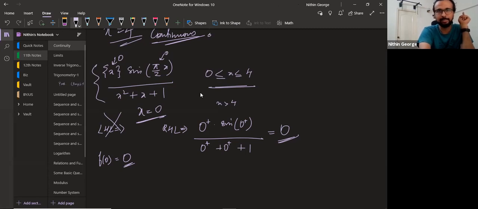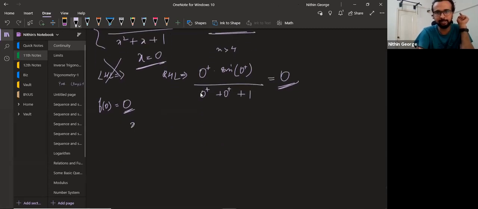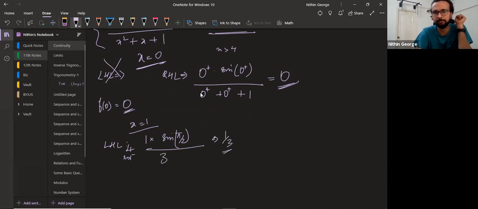Now at x equal to 1, how does it behave? That's the next integral point. Here the LHL: the fractional part of x becomes 1, sin pi x by 2 becomes sin pi by 2, so the limit is 1. Next, x squared plus x plus 1 becomes 1 plus 1 plus 1, which is 3. So I get 1 by 3 here.